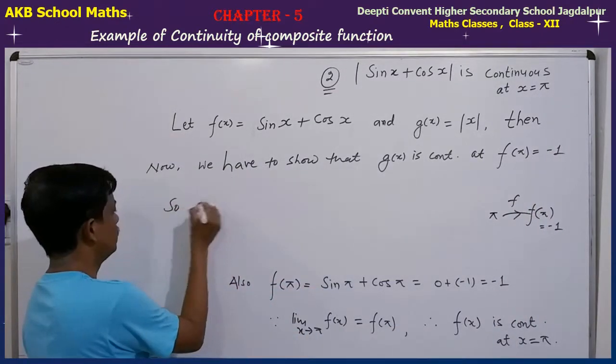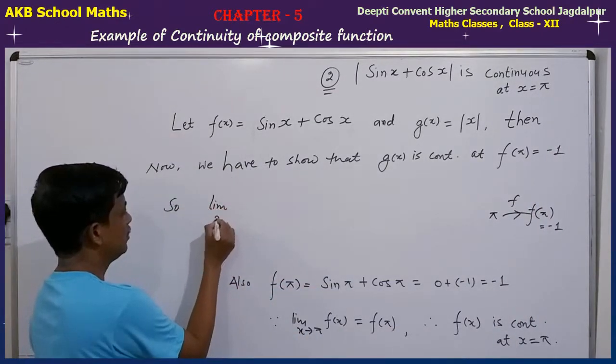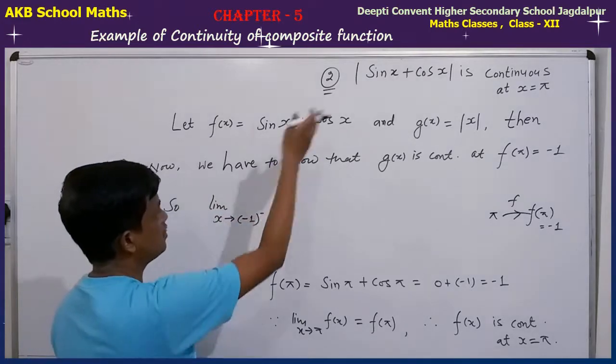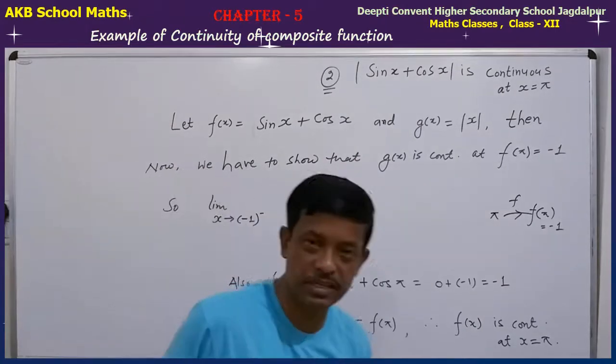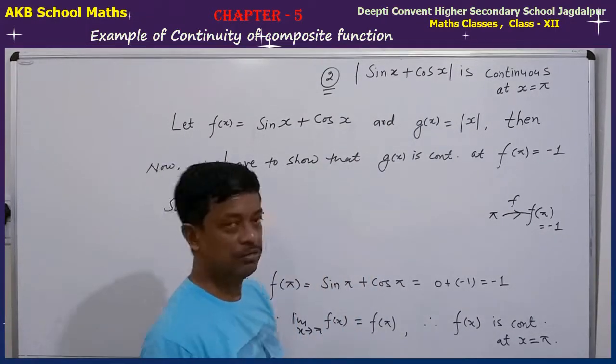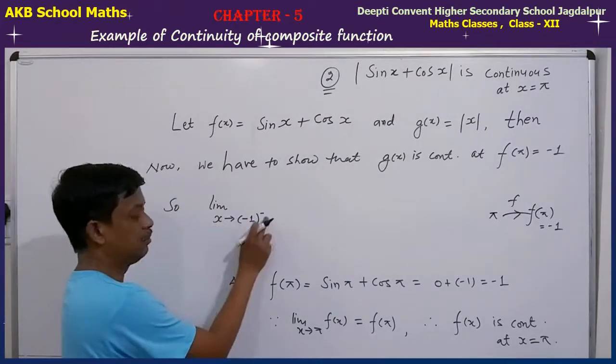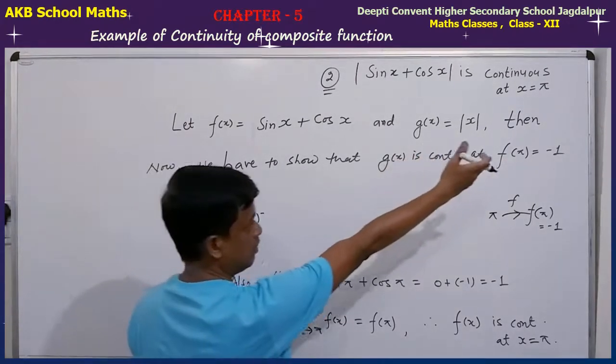So, limit at -1: because there is a modulus function g(x), we take the left hand side and right hand side limits at -1.